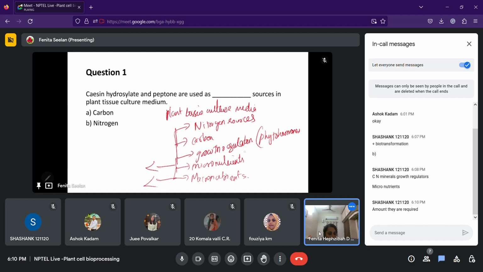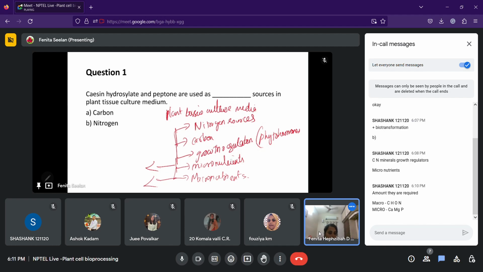So it will come under macro and micronutrients. CH is entirely different. Carbon is a separate source, nitrogen is a separate source, oxygen we are not going to give, growth regulators we will be giving. So these both generally include your minerals and salts.